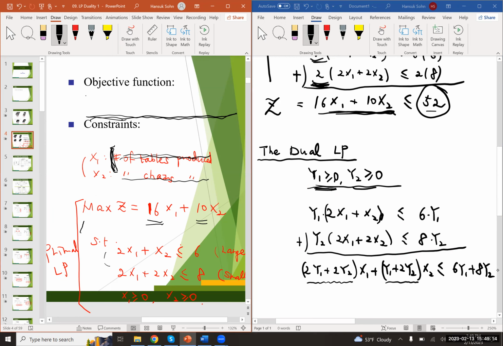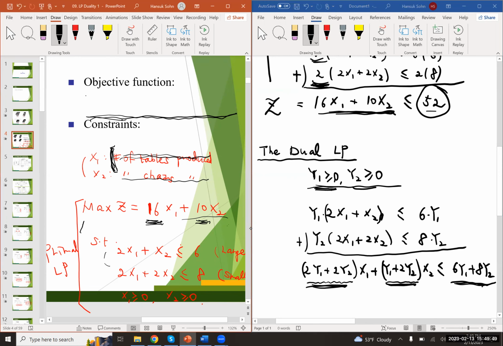So this value has to be compared to 16, and this value to 10, to justify that the right-hand side value gives an upper bound on our objective function.